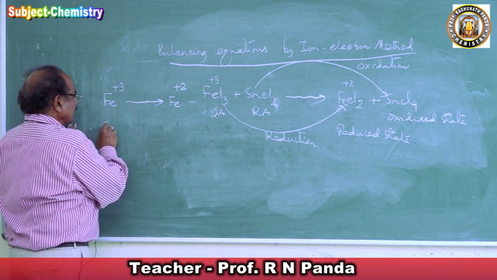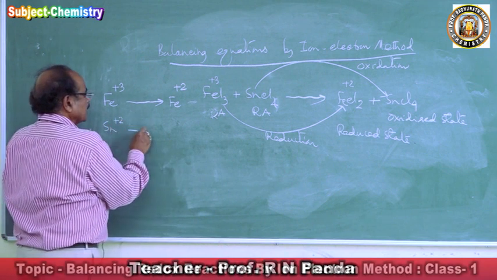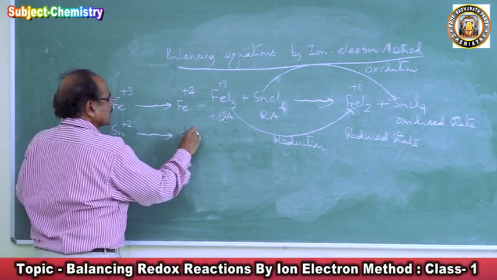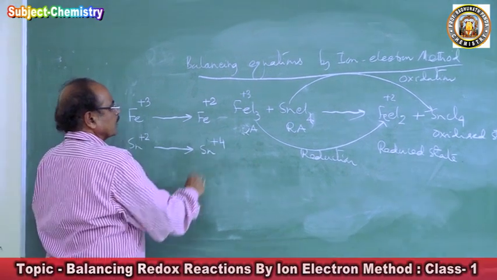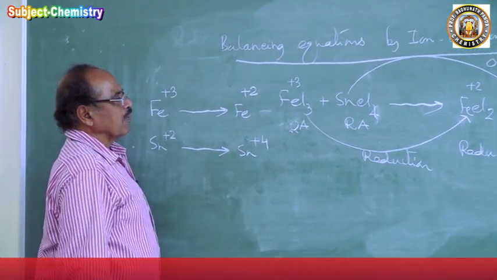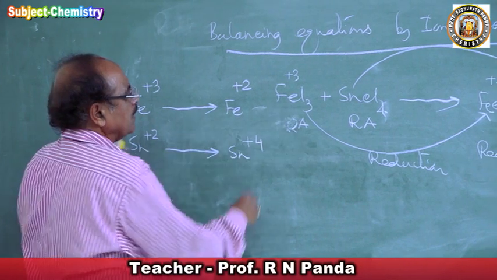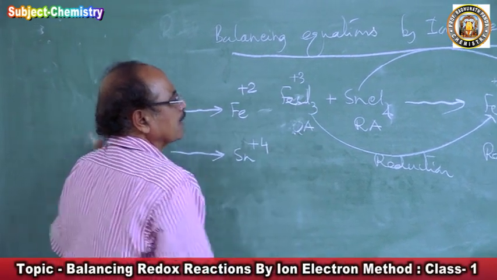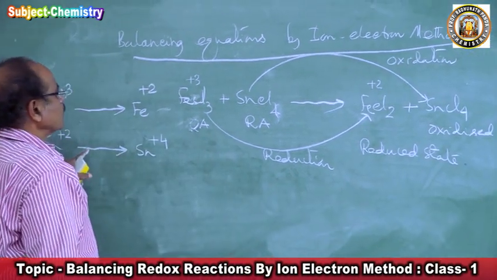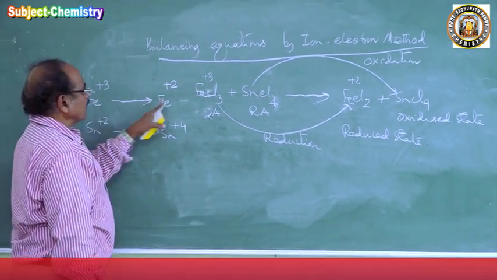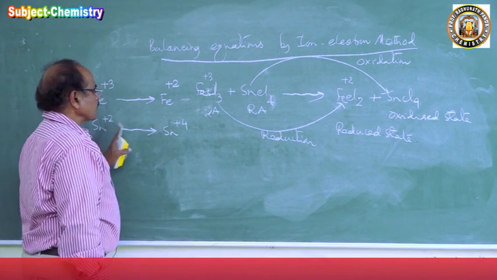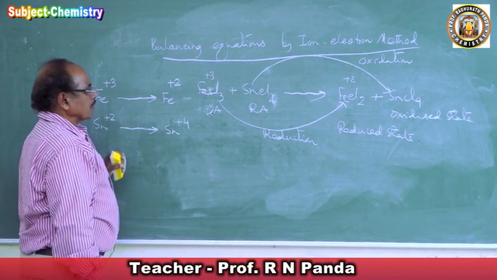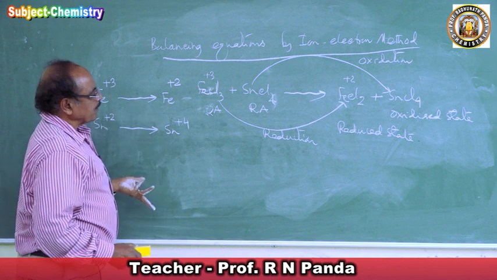And what is happening here? Stannous chloride is forming stannic chloride. So we represented them in their ionic form: ferric chloride FeCl3 and here FeCl2. Ferric is forming ferrous and stannous is forming stannic. So we have represented these in ionic form.